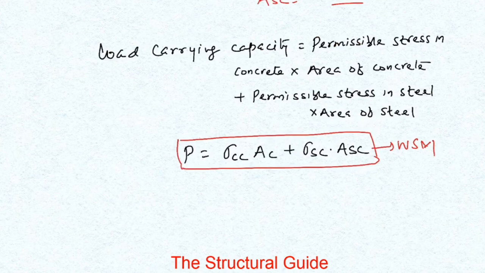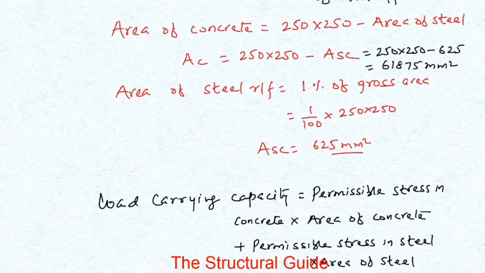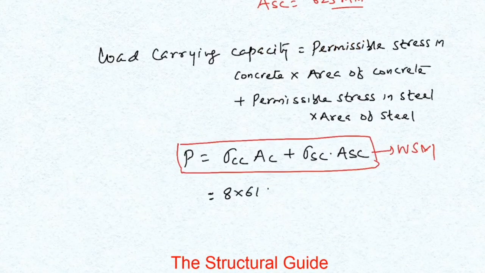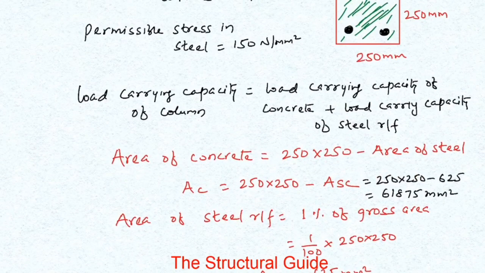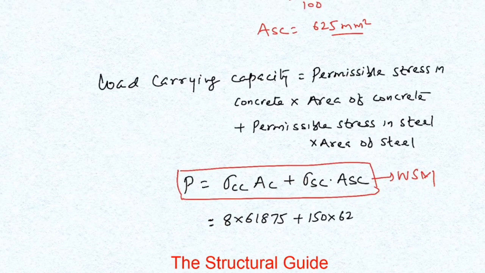So put all these values. P is equal to sigma Cc, 8 into the area of concrete, that is 61875, plus sigma Sc, 150 Newton per mm square, so 150 into the area of steel, that is 625.